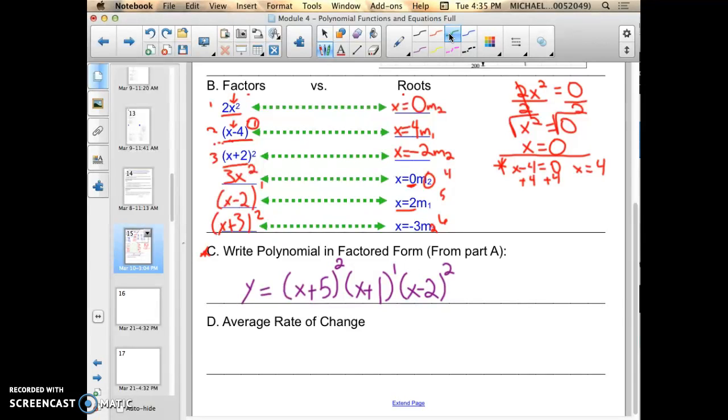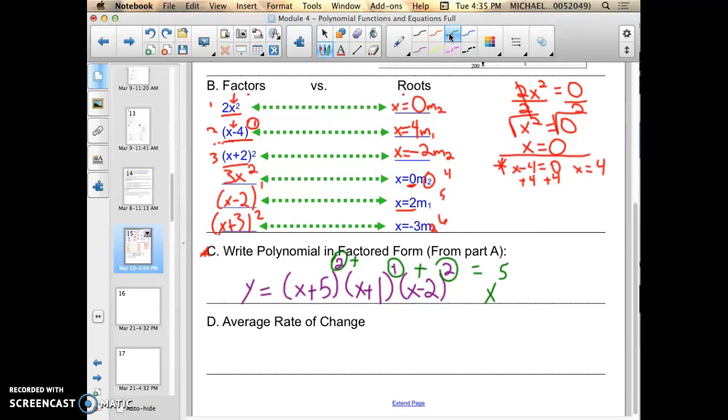For example, if I were to multiply it all out, the highest power of this polynomial would be adding the powers that exist. That's why we have to find powers. And these are bases, (x plus 5) raised to the 2, so when you base times base, you add the powers. So it's 2 plus 1 plus 2 equals x to the 5th.